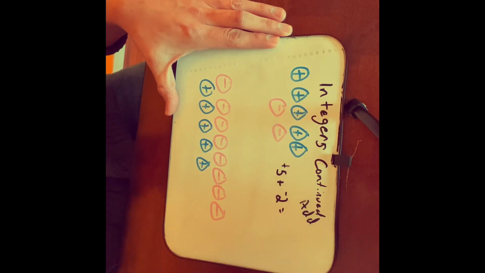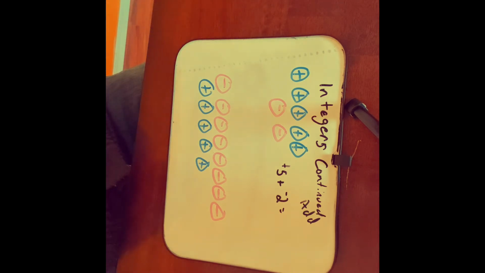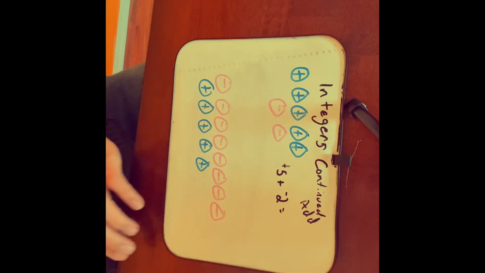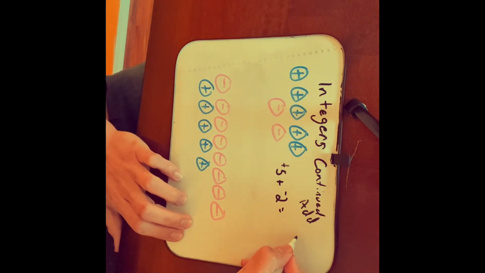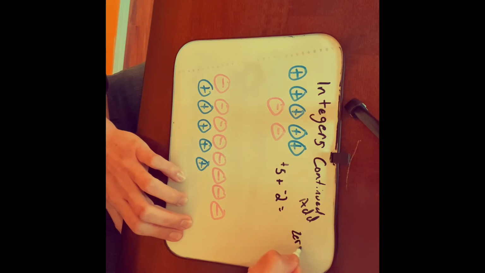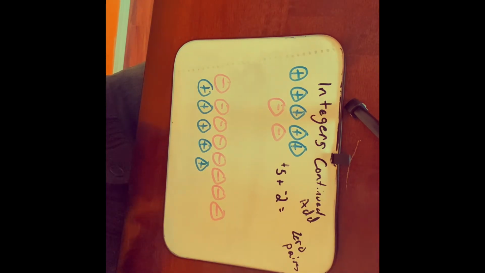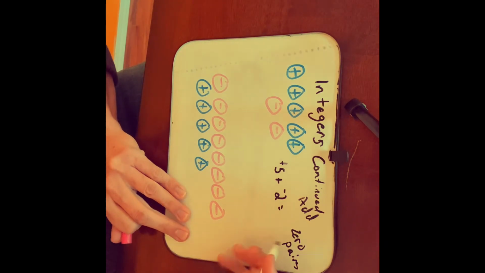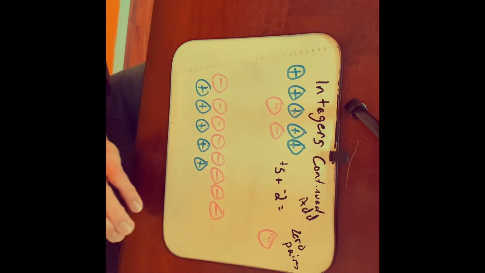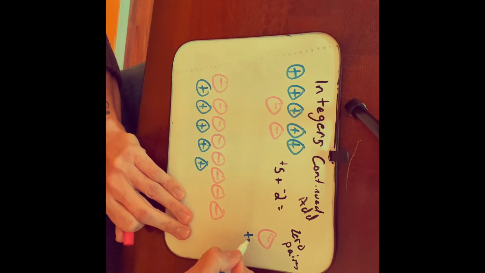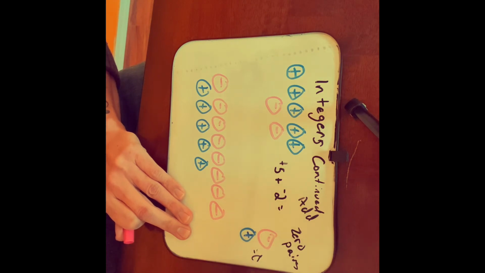Now, if we're adding and combining these two numbers, what we have to remember is our zero pairs. Remember, if we have a negative and a positive together, they equal 0. Okay, so our zero pairs. So this is equal to 0.